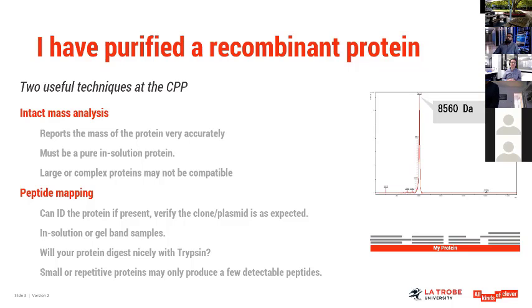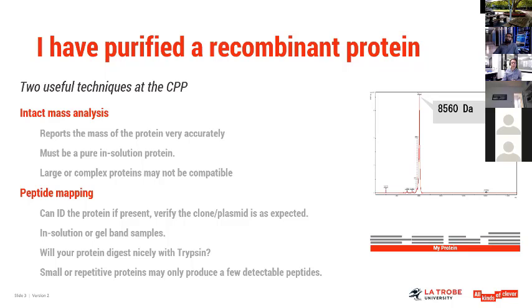The second technique covers a lot more situations. We can take an in-solution sample or even a band cut from an SDS-PAGE gel. You can analyze that. And what this tells you is what peptides are present in that protein band, which is very useful to verify you've got the right clone, the right plasmid, whatever you started with is indeed what you ended up with.